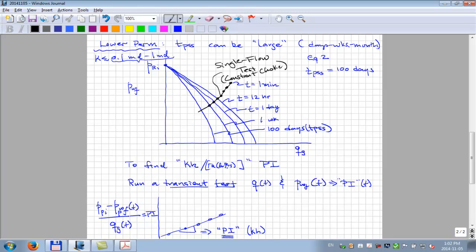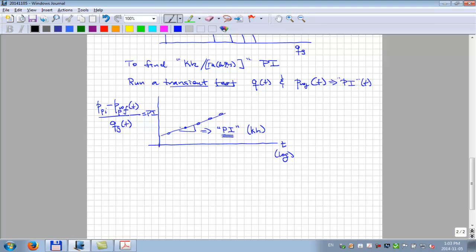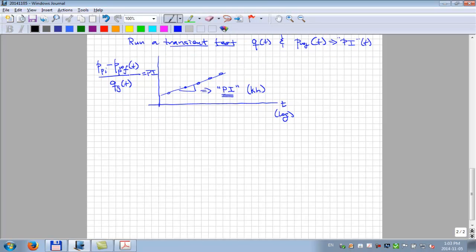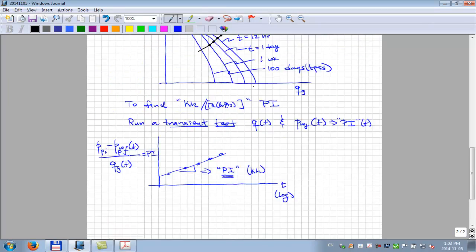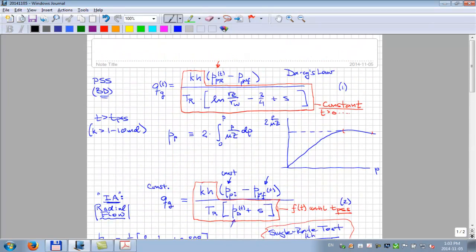But we'll call it a single flow test. We just put the well on a constant choke and let it flow for a day or 5 days or 10 days or whatever. And we monitor the pressure and rate. And that basically allows us to come up with the constant KH, which is the most important part of this pseudo-steady state rate equation. The KH is the biggest, most important term.